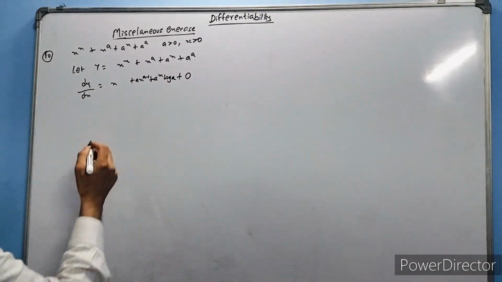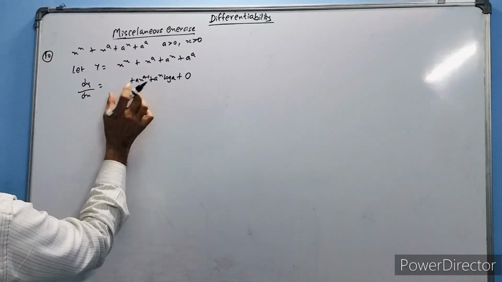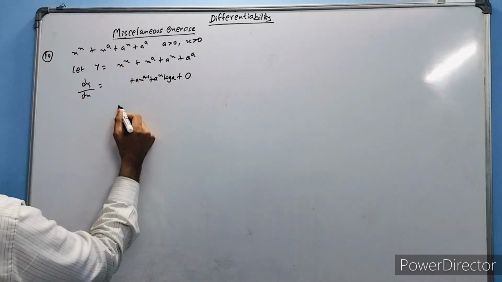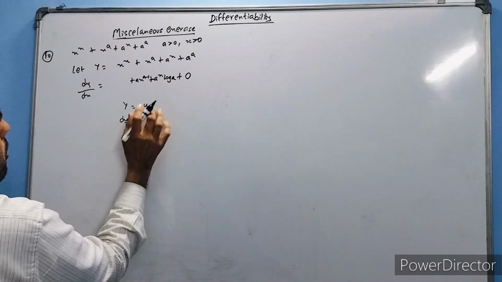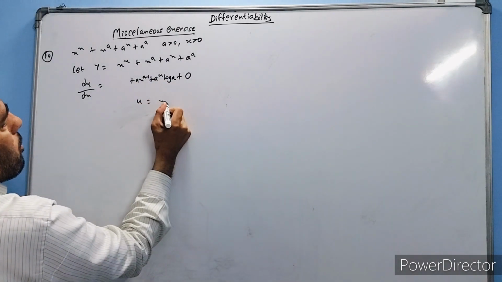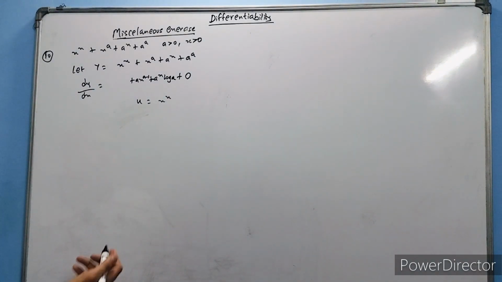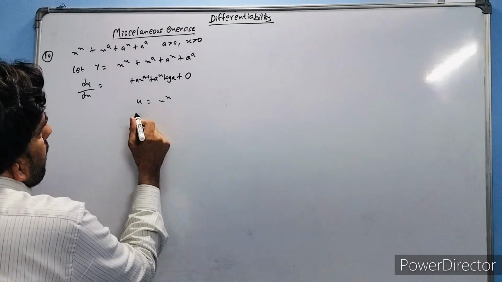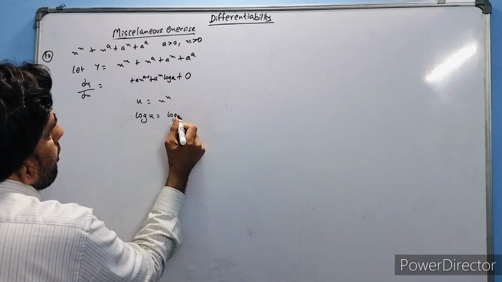How will we differentiate it? We'll try to take it as u. We'll consider u is equal to x power x. So we have given u here. So what we can do here? Take log. So log of u is equal to log of x power x.